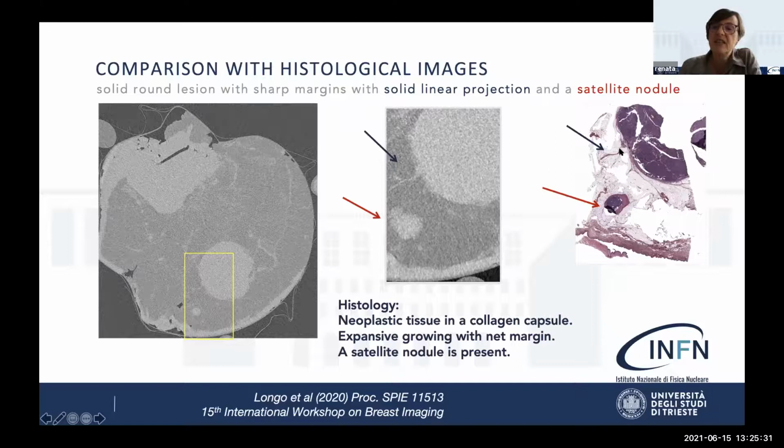You see, this is visible in histology, and it is visible in the breast CT. And this is an important detail because it lets us understand that we have an expansion that has to be removed during the surgery. So it's an indication of a malignant aggressive cancer.